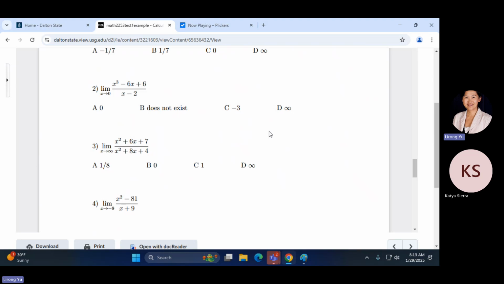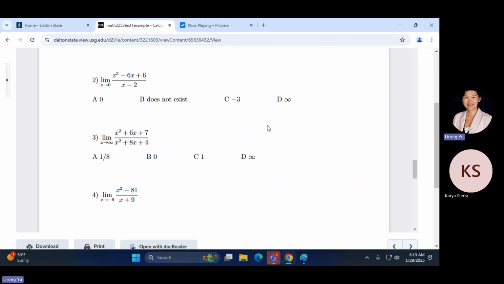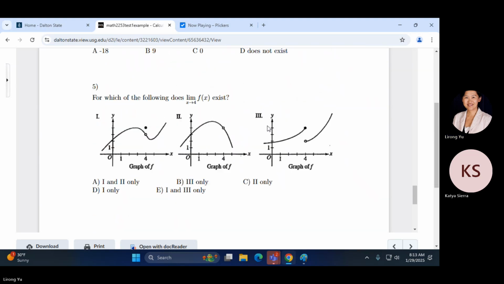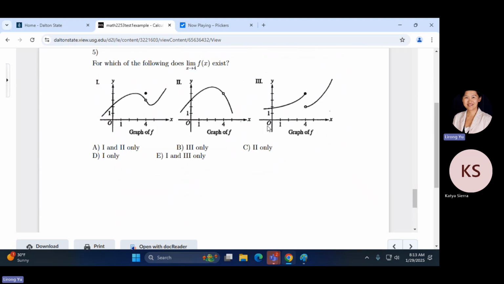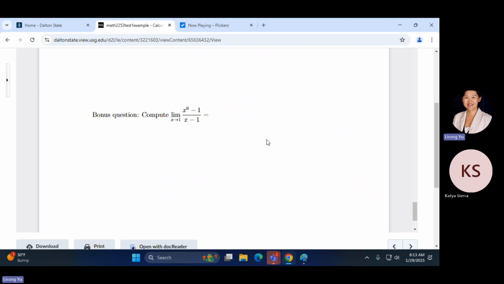All right, so these are multiple choice questions on limit calculation, including a limit involving infinity. We also have a graph where we determine which function has a limit, or which graph has no limit. That was an example of graphical interpretation of limits, and there's one bonus question.